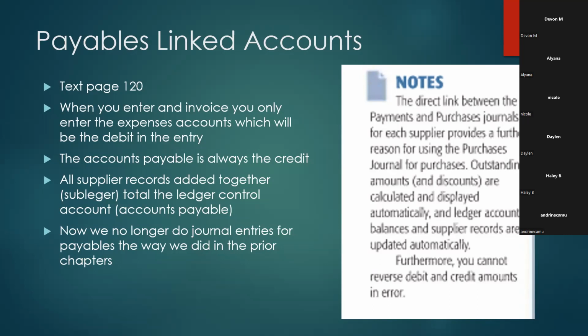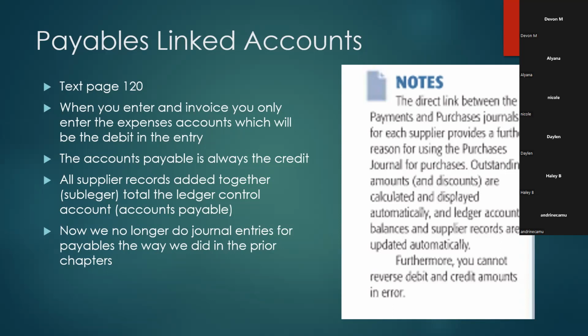The other thing I wanted to mention is that in the chapters it'll be set up correctly, but in practice, sometimes when people set up Sage, they forget to say that you can't post something to a specific account. So in real life, if you can post, it probably means there's a problem with your system setup. But in the course, obviously, they will tell you exactly how to do it.